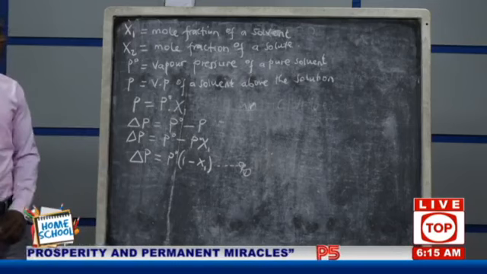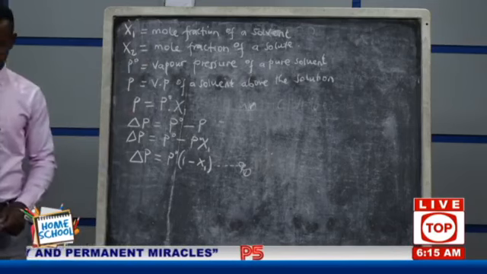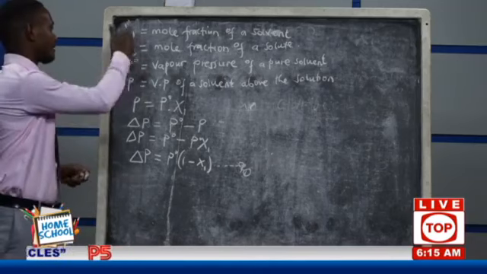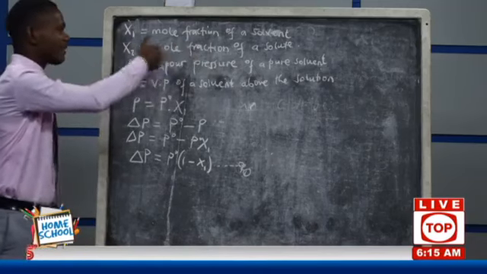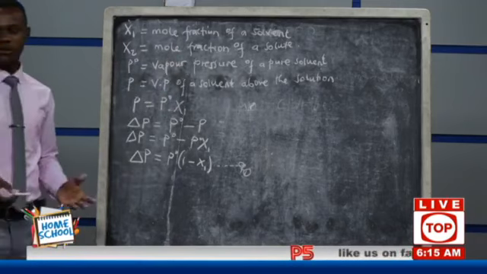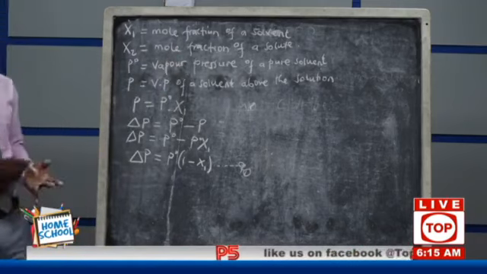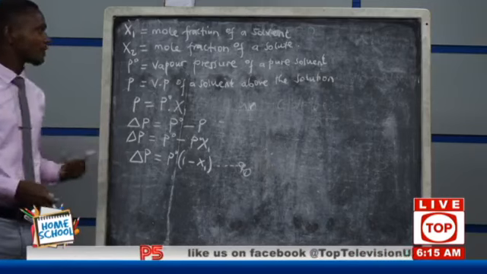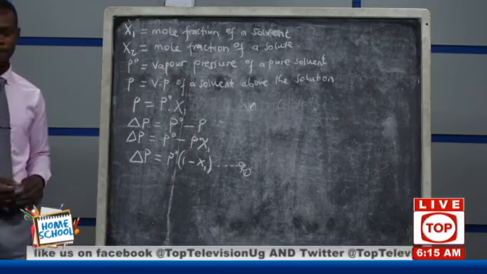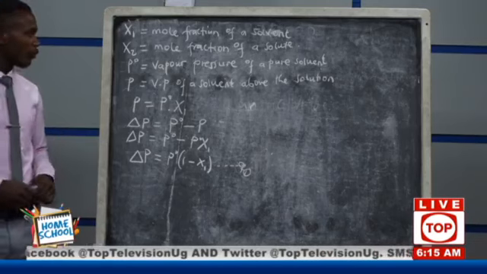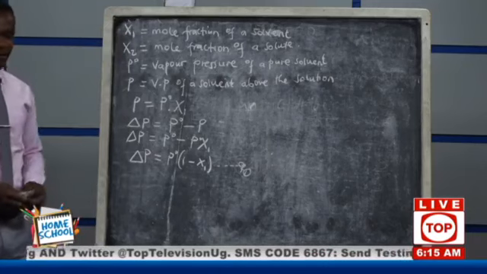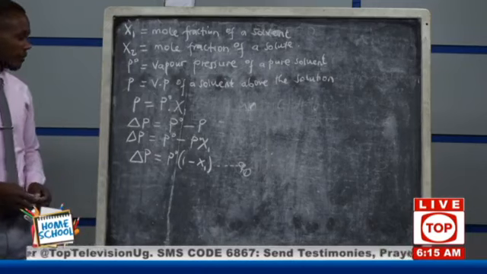But remember, we are dealing with mole fraction. Mole fraction means there is a given percentage of a solvent and a given percentage of a solute in a solution. In a solution, we expect two things, a solvent and a solute. If a solvent is occupying 70%, the remaining percentage is for the solute. When you add up the two percentages, you get 100%.